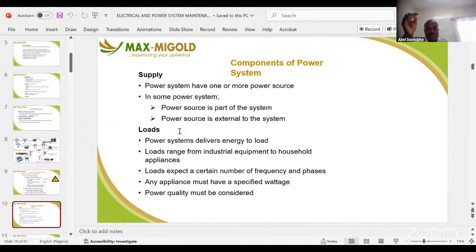So loads are expected to run at a certain frequency and phases. What this means, every load is designed to operate at a specified frequency. The frequency is usually between 48 and 52. Anything that is out of this range, the equipment will not work. They might be working, but they will be operating at a higher cost.